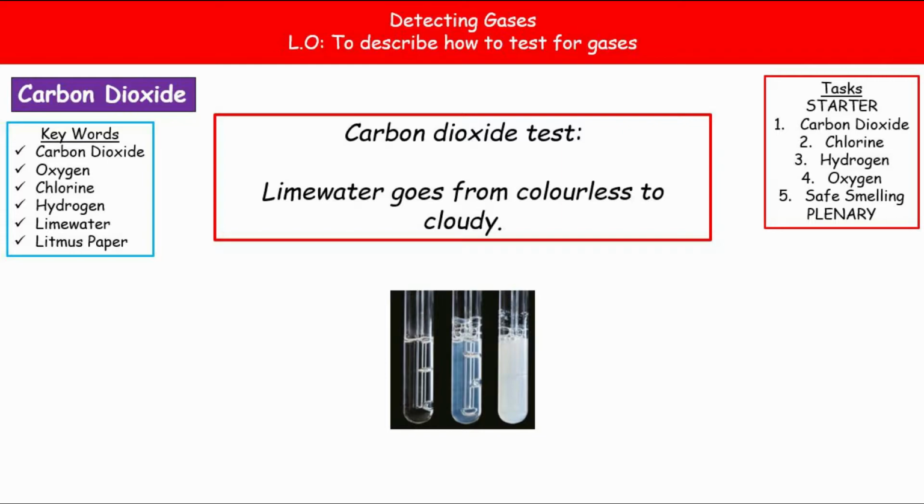Colourless is the correct term here. So limewater goes from colourless to cloudy, and we can see that in the picture at the bottom. So we've got our limewater initially, as it starts to change and goes that slight cloudy colour, and then how you're probably used to seeing it at the end of the experiment. So make sure you've got that written down if you've not already got it.